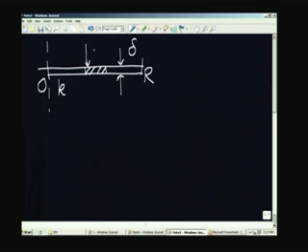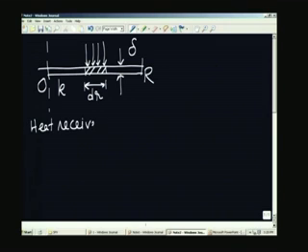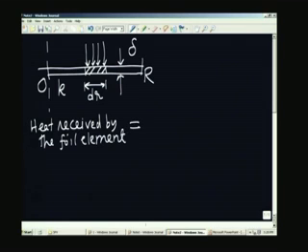Over this small area, a certain amount of heat is being received. So, if you take this as dr, the heat received by the foil element will be equal to the area of the exposed portion.